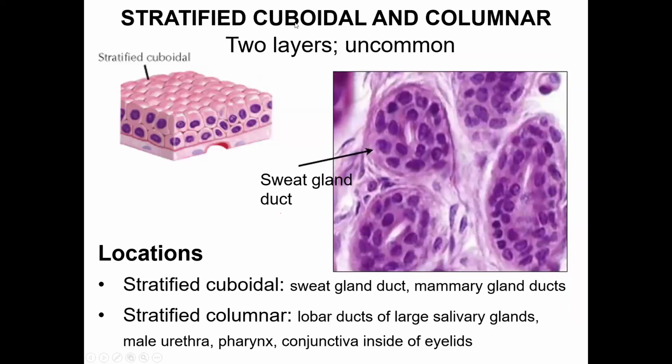Then the stratified cuboidal and columnar epithelia contain two layers. Here again, how do you know that these structures, which are a cross section of a sweat gland duct, contain two layers of epithelia? You actually see two concentric layers of nuclei.